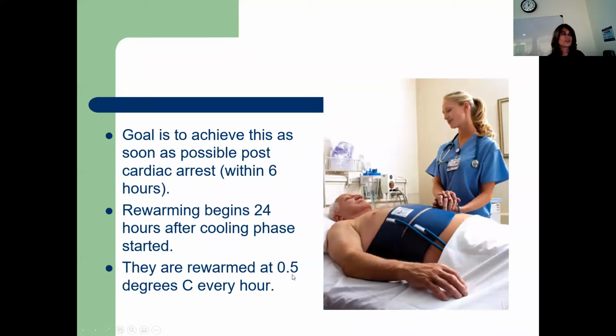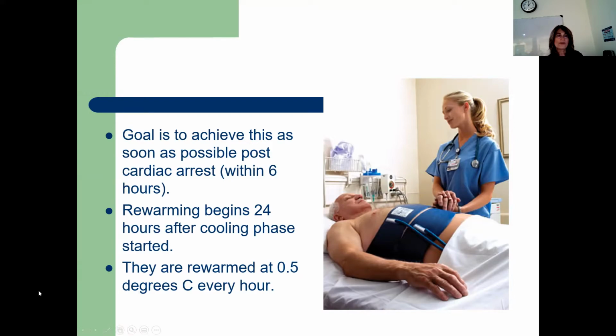The goal is to achieve this as soon as possible post cardiac arrest, so within 6 hours of the arrest occurring. So it was being done in the field. So the medics would respond to a code, they'd get a return of circulation, and then they would immediately get the patient really cold. But they're not doing it out of hospital now, they're doing it in hospital.